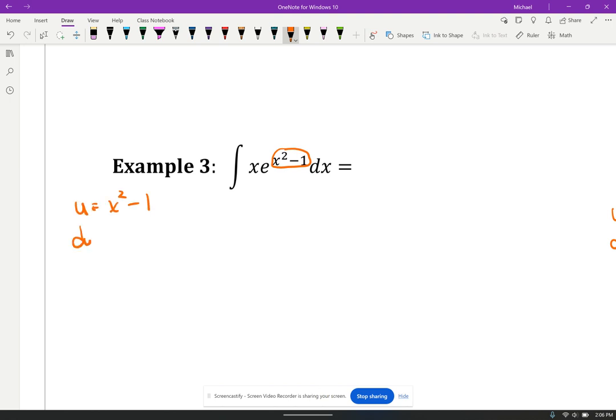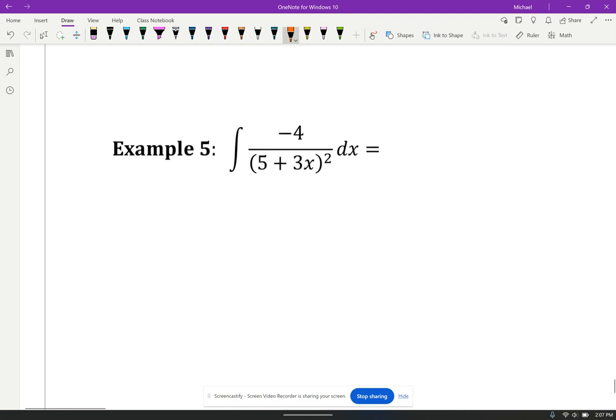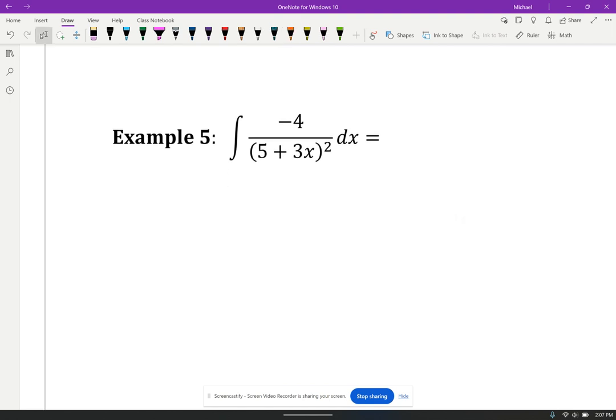But now I need to take the derivative, and the derivative is 2x dx. That's it. That's all we're doing. And then example 5, this might be an obvious inside function because I have parentheses, and parentheses have an inside part. So that's going to be my u, and then my du is going to be 3 dx.